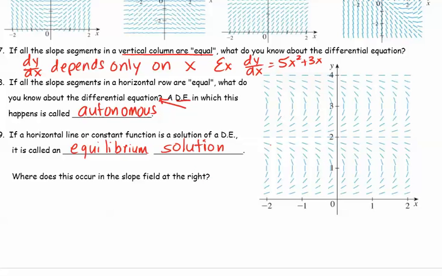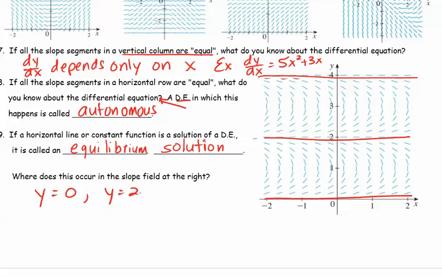So there are equilibrium solutions. You can see these horizontal solutions up here. Equilibrium solutions are where the tangent lines are 0. That appears to happen at y equals 0, y equals 2, and y equals 4.